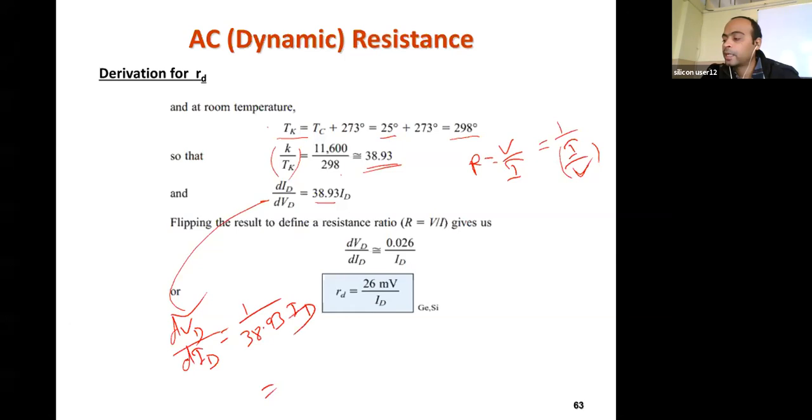And the value of 1 by 38.93 is 0.026 by id.